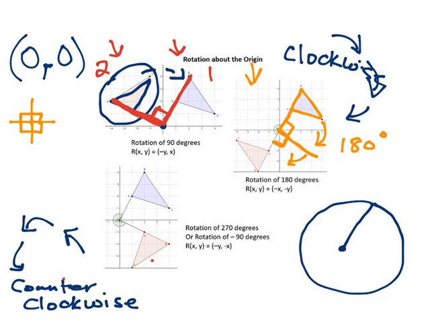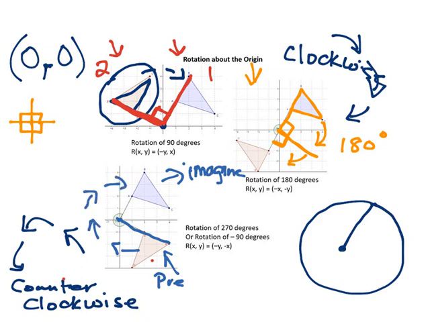All right, last one. Let's look at our pre-image, and then this is our image. So the pre is what we started with, and the image is what we ended with. Okay, so we have our center of origin, and it went this way, which is clockwise.